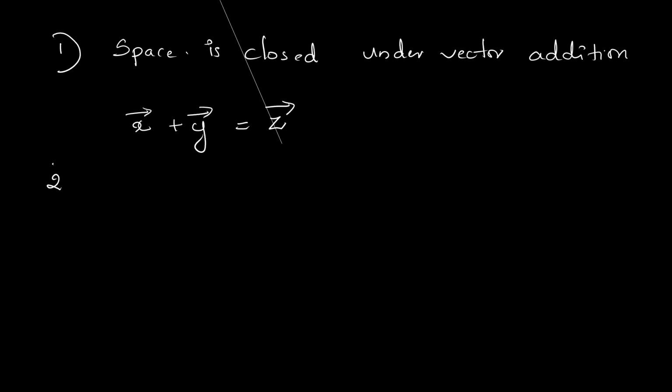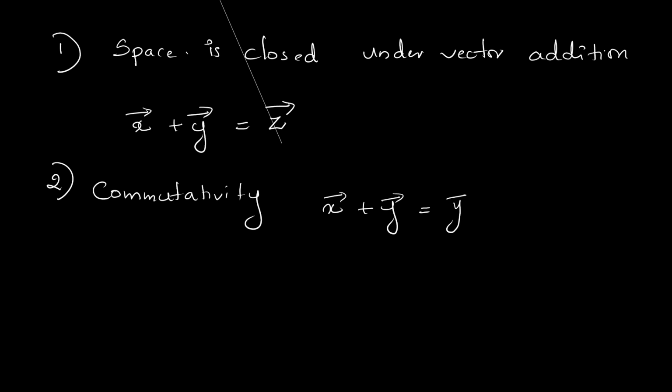The second one is commutativity. Let x and y be two elements in a linear vector space. If we add x plus y and y plus x, this would give the same result. Then the third one is associativity.